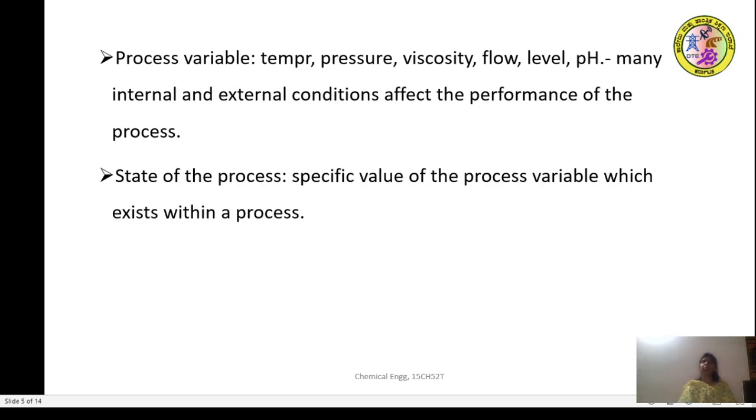The 70 degrees could be in any state, any phase. So that is the specific value of the process variable. Example, temperature 70 degrees, pressure some kg per centimeter square. All that represents the specific value of the process variable which exists within the process.